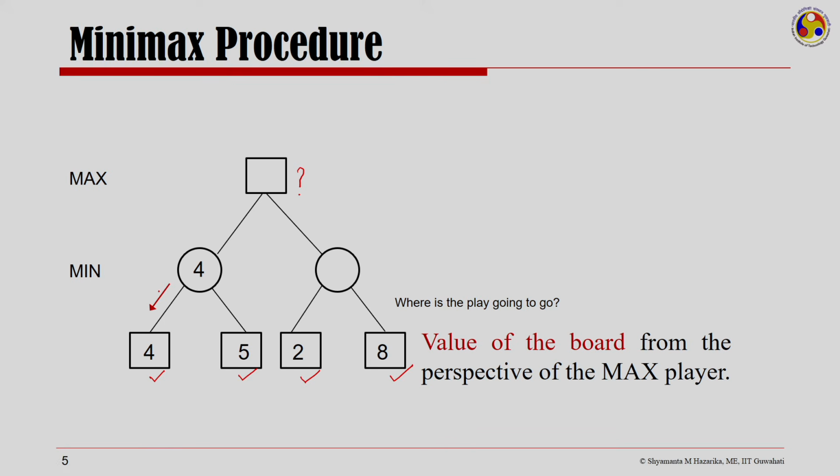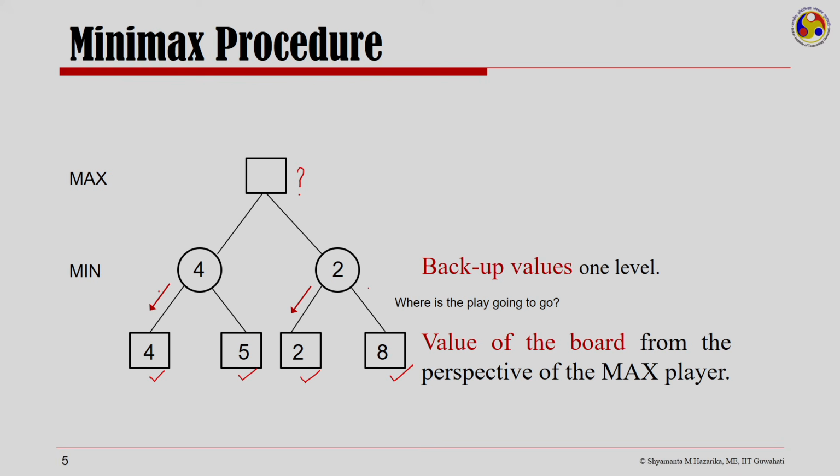Now, going by that same logic, if you look at this other node here, Min has two choices. Either he plays towards this board or he plays towards this board. Playing towards the left would give him the minimum that he is seeking, and therefore he will go to the left, and the value that he will back up at this node is 2. Now, these are the backed up values one level up.